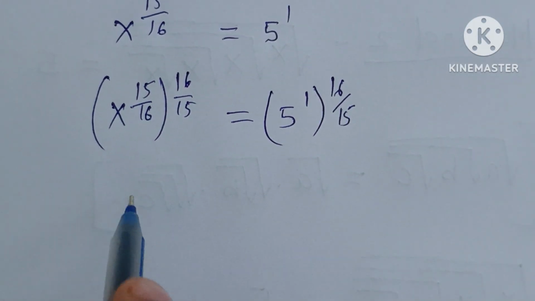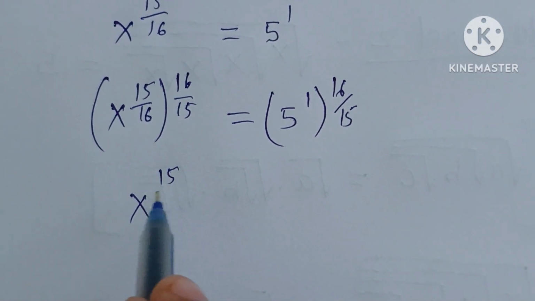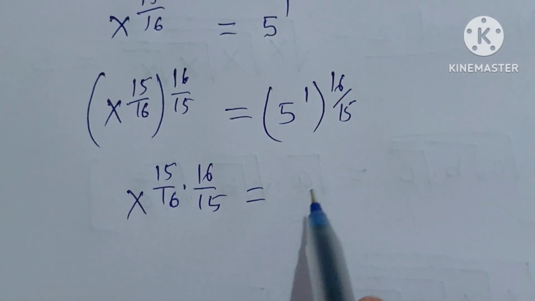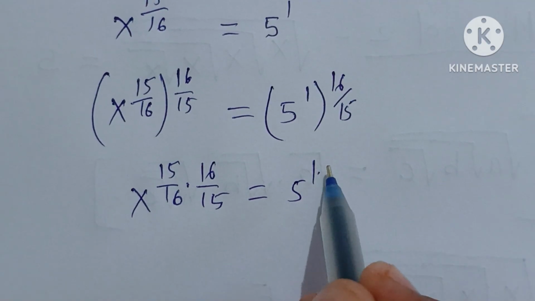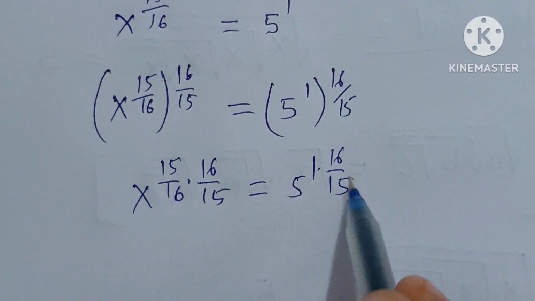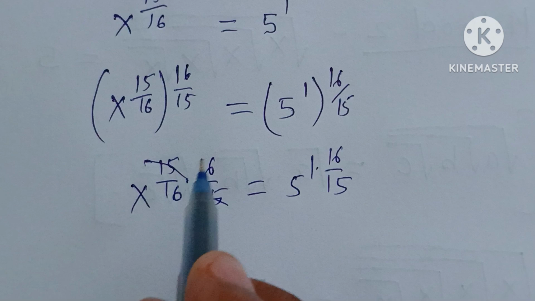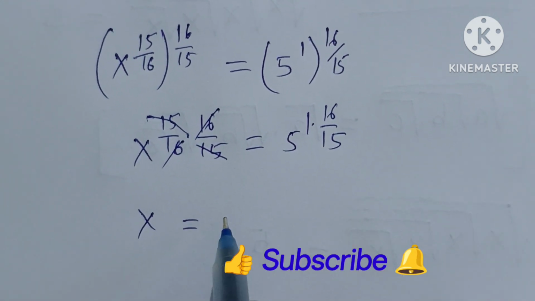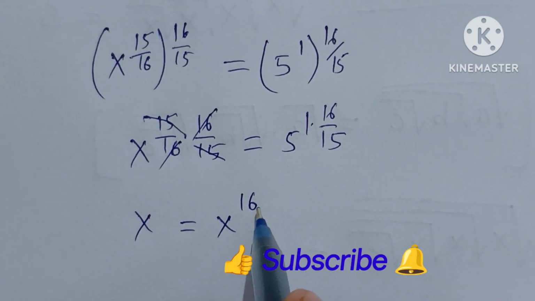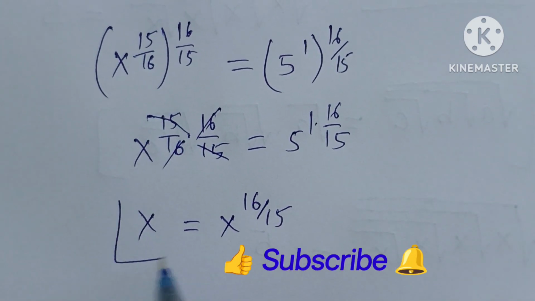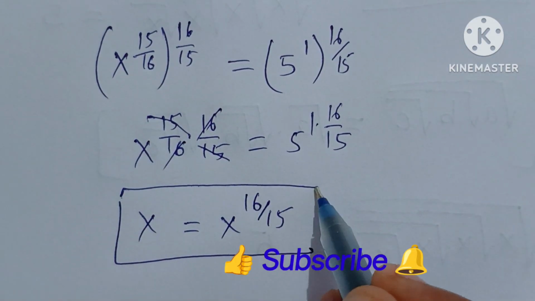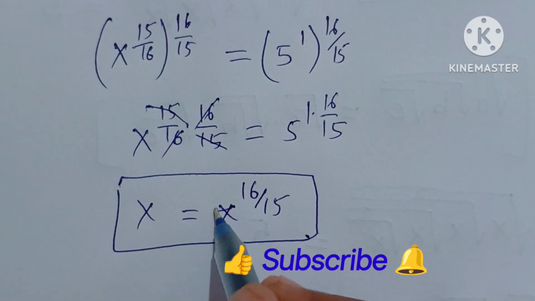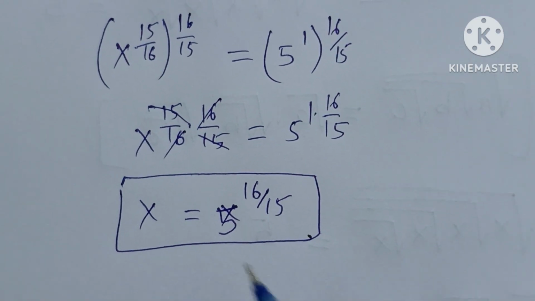Here x raised to the power 15 by 16 into 16 by 15 is equal to 5 raised to the power 1 into 16 by 15, that is 15 15 cancel, 16 16 cancel, equal to x raised to power 16 by 15. So value of x is 5 raised to power 16 by 15.